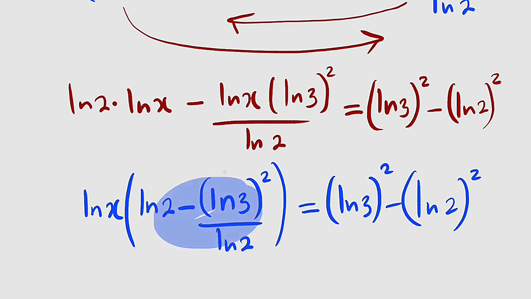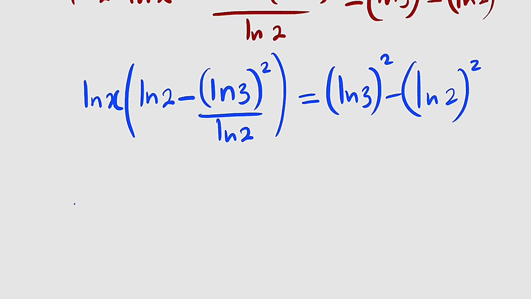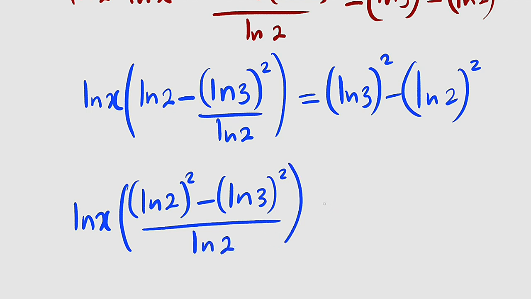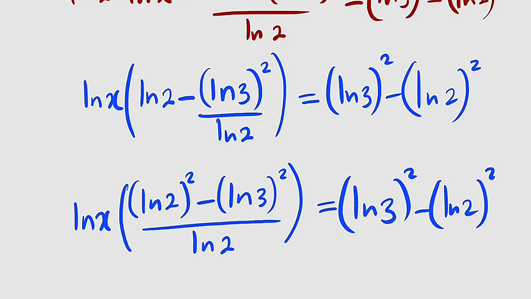And now we can simplify this fraction, right? This is ln x multiplied by, you take this, you multiply by this, which is going to give us (ln 2)² minus (ln 3)², then divide by ln 2. And on the right hand side, we have (ln 3)² minus (ln 2)².